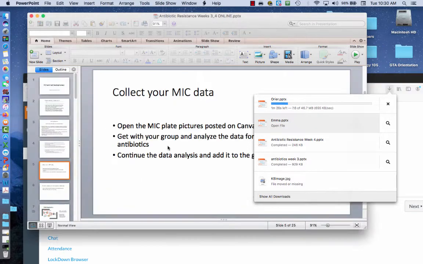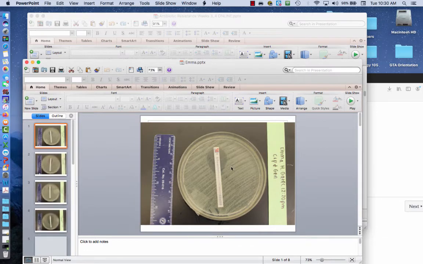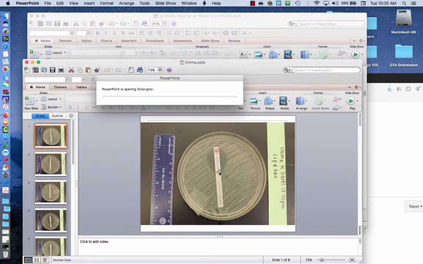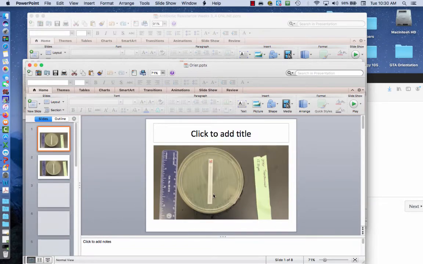All right. So here's an example of what you will see for the MIC. You'll see your little zone of inhibition. You've got the ruler there to give you an idea of the scale. But what you're going to want to do is read the concentration where the zone of inhibition actually intersects with the strip.